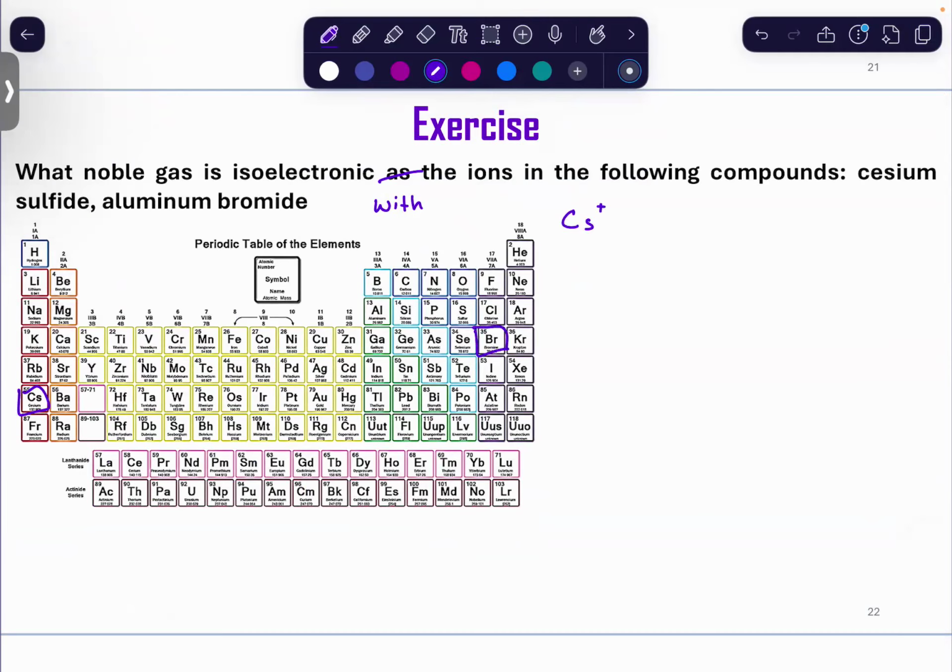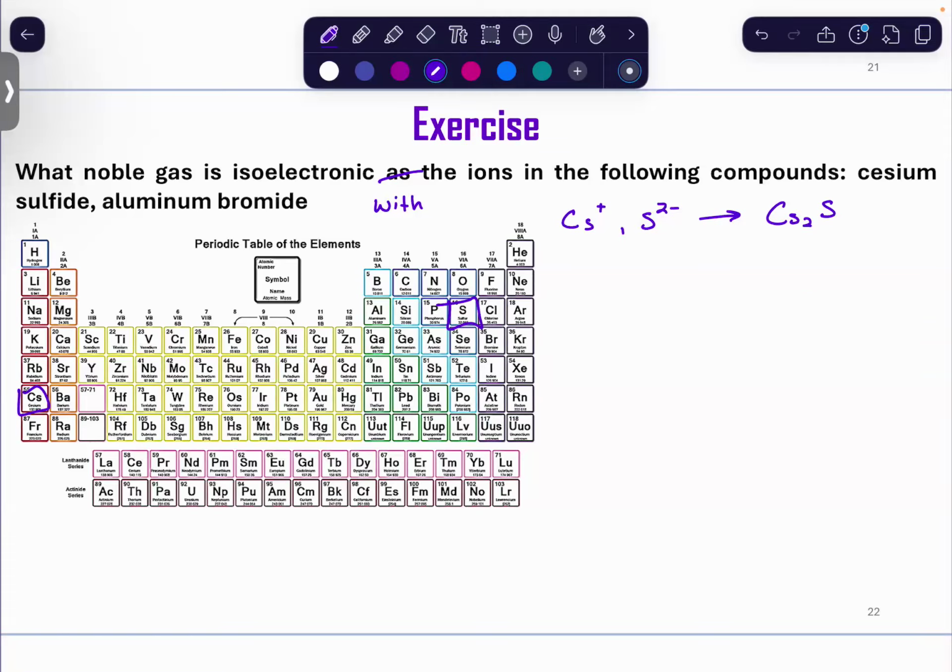Sulfur is in group 16, so that's going to be a 2-. That means I need 2 of the cesiums to neutralize the 1 sulfide.